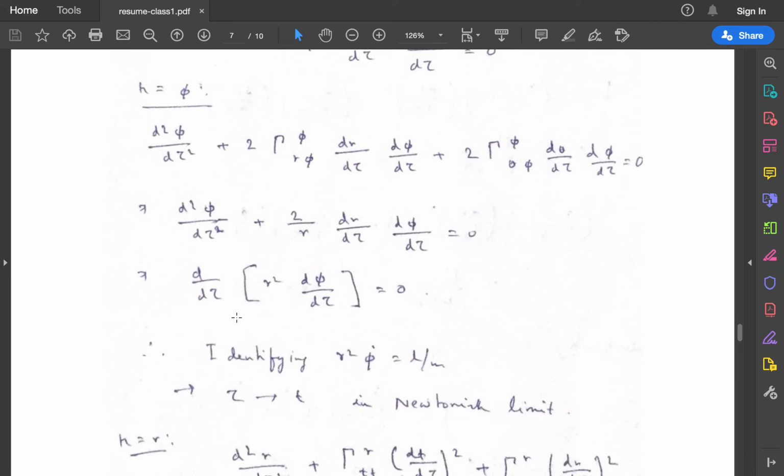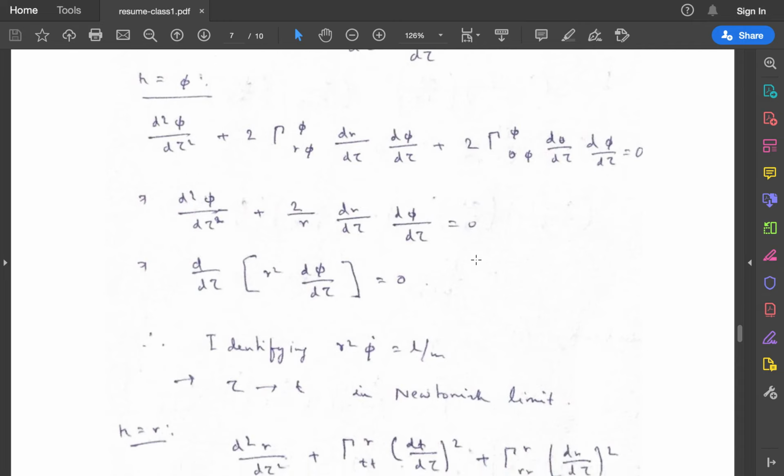Only here t is replaced by tau. So for going from GR to the Newtonian limit for the phi case, we should identify that the normal time should be replaced by proper time. This is the first identification that we make.